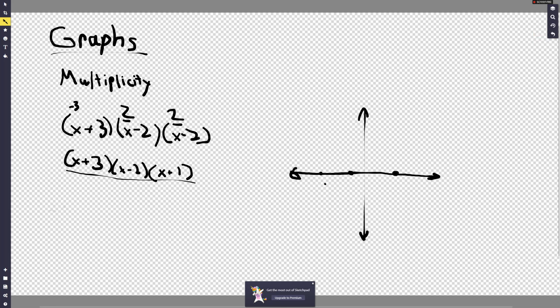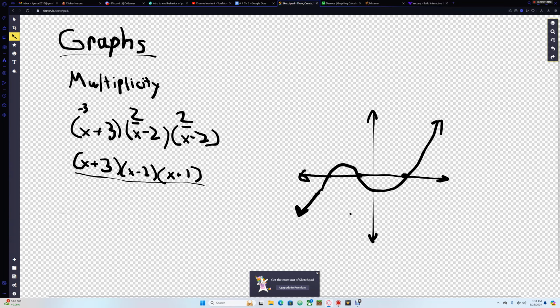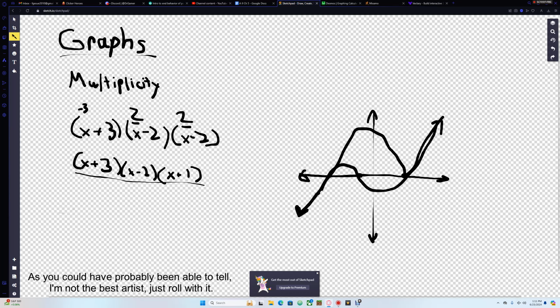I'm just estimating here. So it could look something like this, maybe something like that. And this next one might look something like that.